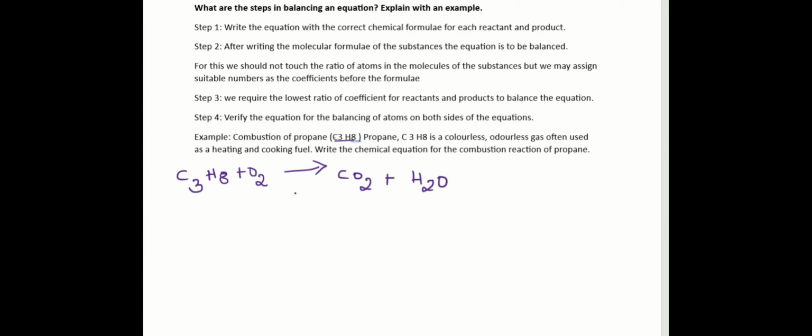Now here we have to list down the number of elements that are present in a chemical equation. As I already told, we will be starting with the metals first, then non-metals, after that halogens, and at the last we will be writing hydrogen followed by oxygen. That way it will help us complete the balancing of the equation in a quick manner.